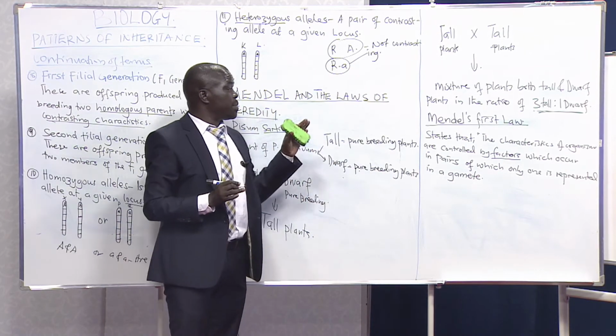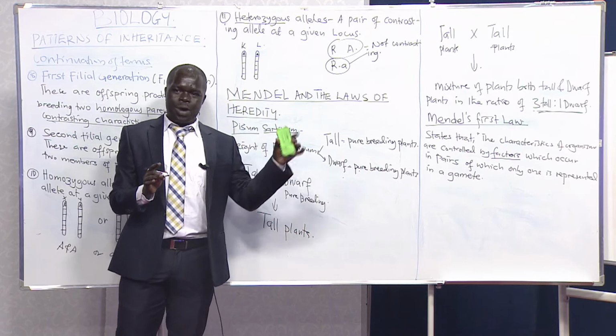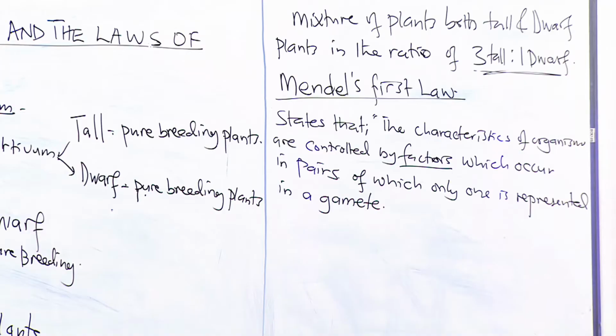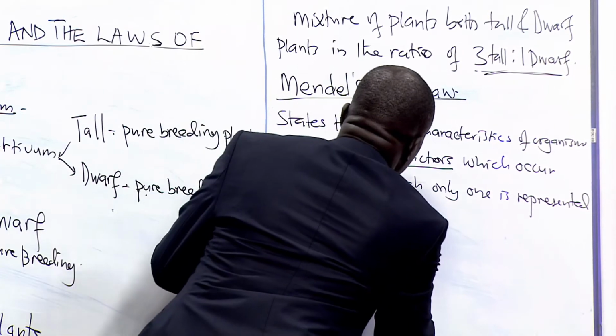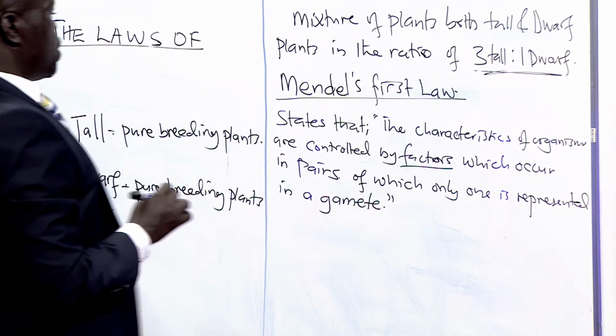Any gamete, only one of the pair is represented. That was his first law, and that is the law we are going to be looking at.